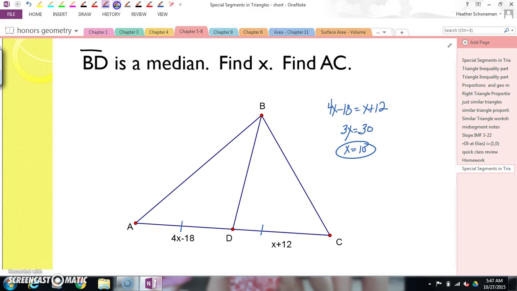Now I need to find the length of AC. Because the 2 halves are equal, if I know one half, I know the other. So this would be 10 plus 12, which is 22. If the right side is 22, the left side has to be 22. So AC is 22 plus 22, which would be 44.